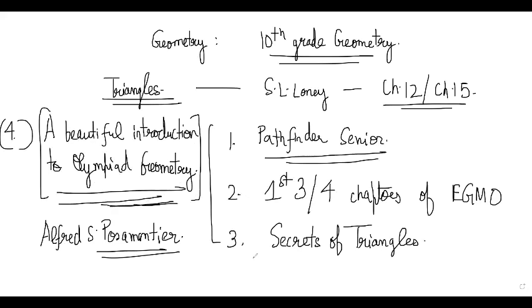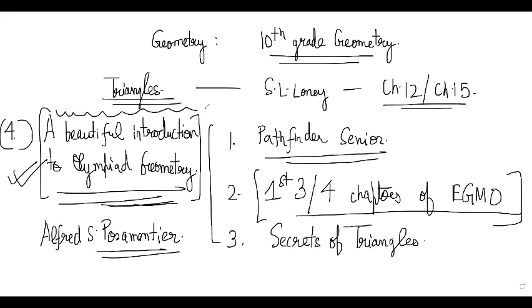You should read this book for sure. It is more important than EGMO also. EGMO is way tougher. This book is going to be at your level. You can understand it. Stefan Lozanovsky or someone, I think. AOPS Intro to Geometry is also very good.